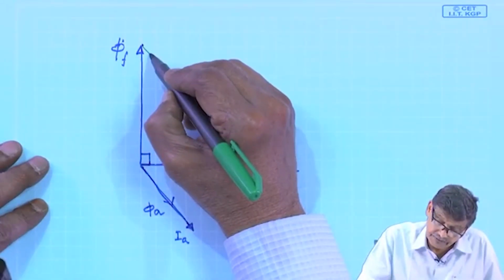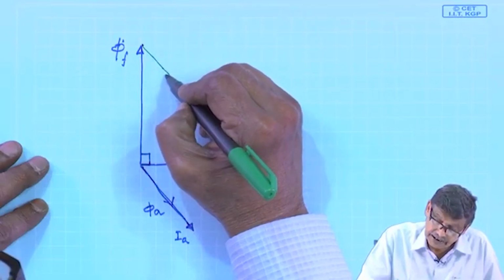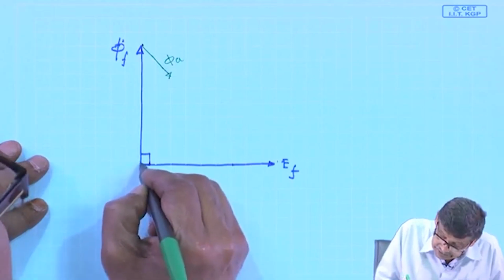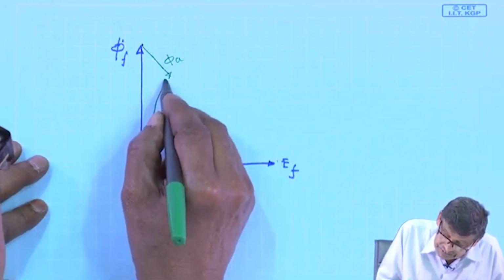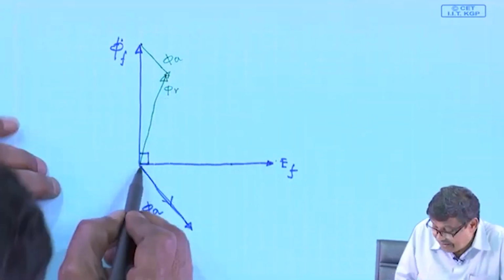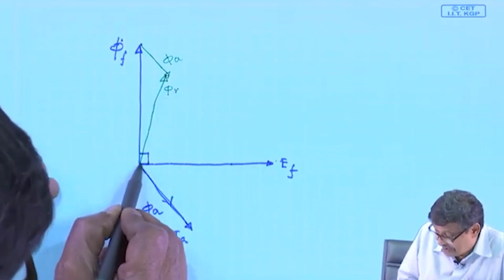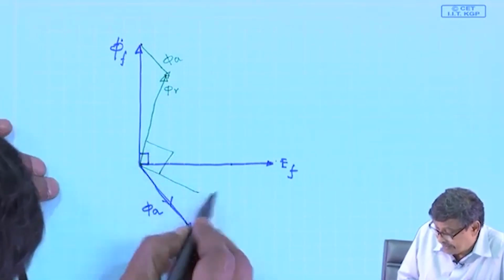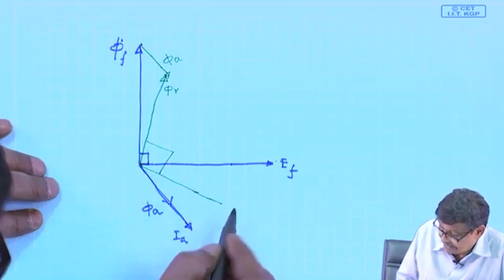So, you add phi F and phi A and you get phi R, and your ER will be here, 90 degrees. This is your ER.